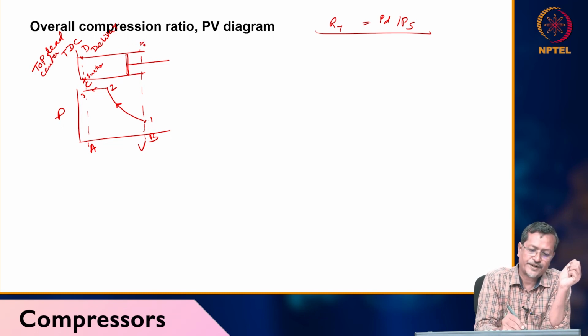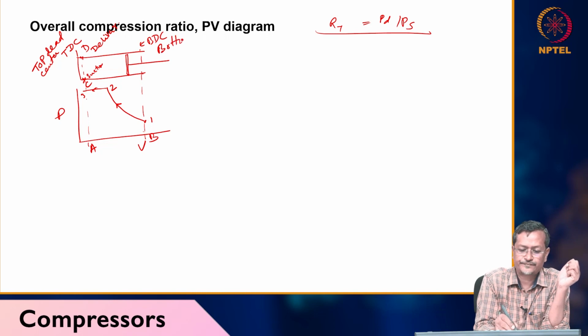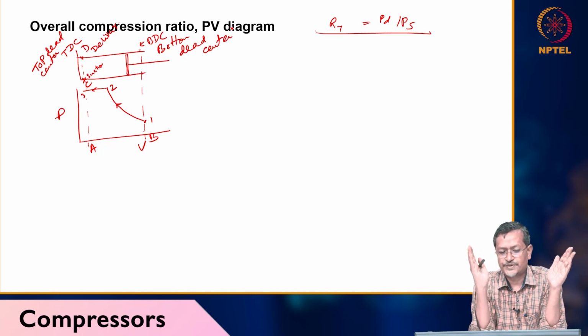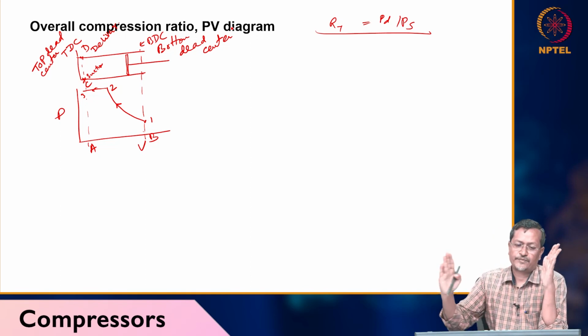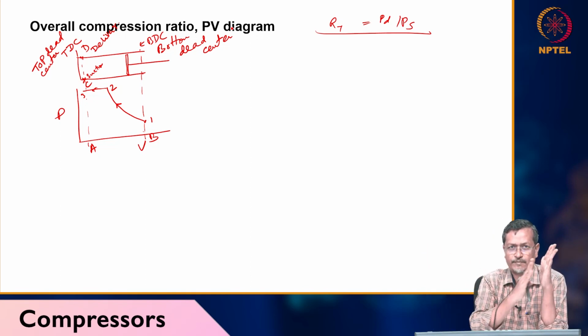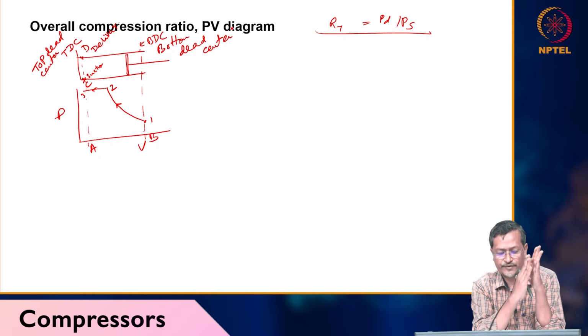And this is called bottom dead center or BDC. The piston moving from bottom dead center to top dead center will not touch the top dead center; it will keep a certain amount of gap. That gap is required for mechanical reasons, because continuously you cannot hit the top dead center. So you have to keep a certain gap, and again move backward, forward, backward, forward; that way you are delivering fluid.